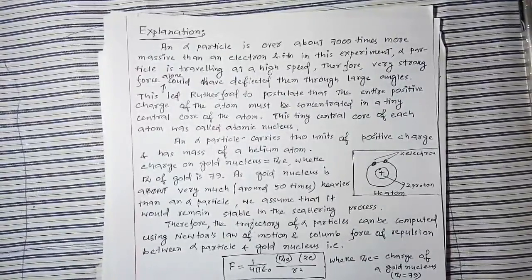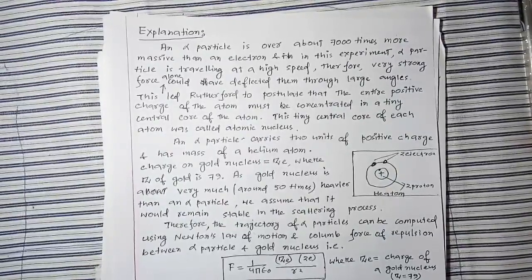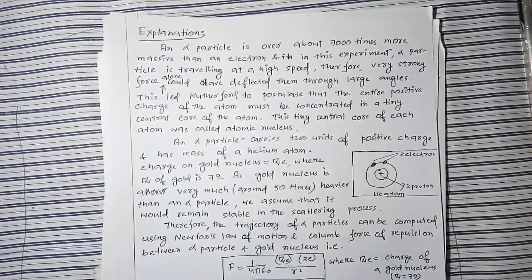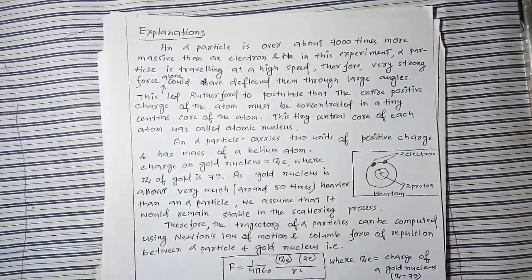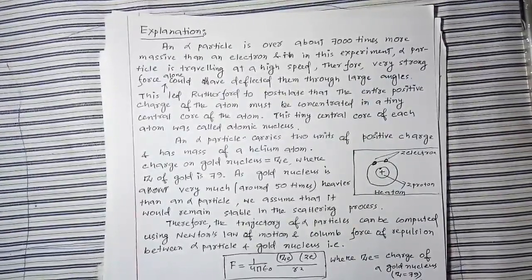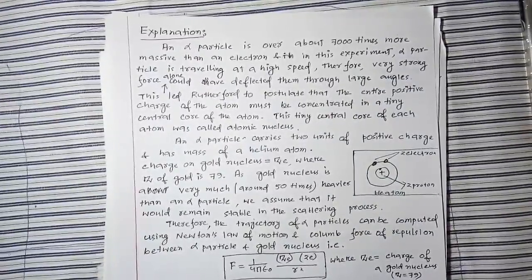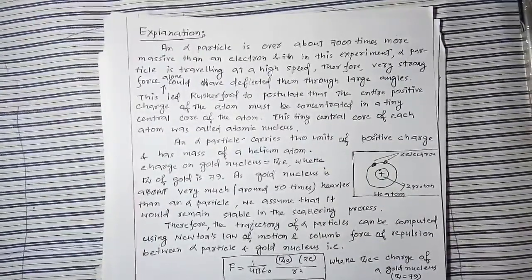To make the alpha particle get deflected by a very large angle, we need a very strong repulsive force inside the gold atom. That is the positive charge of the gold atom. And since only 1 in around 8,000 is getting deflected by an angle more than 90 degrees, that means the positive charge of the gold atom will have to be concentrated in a very small area inside the atom. Okay.